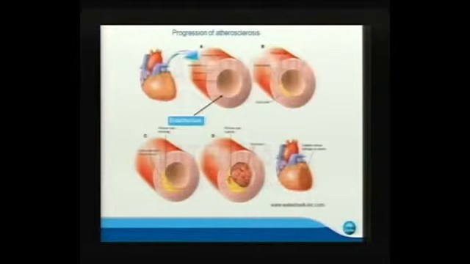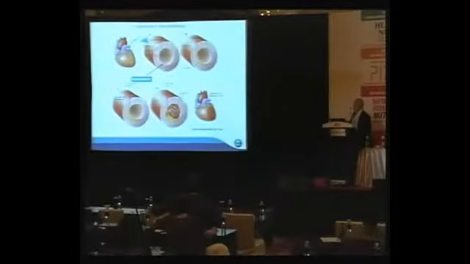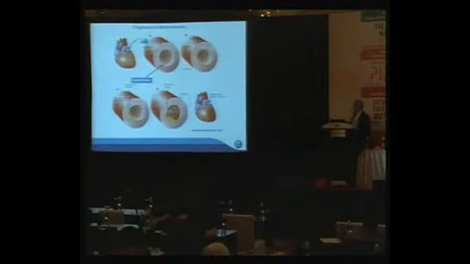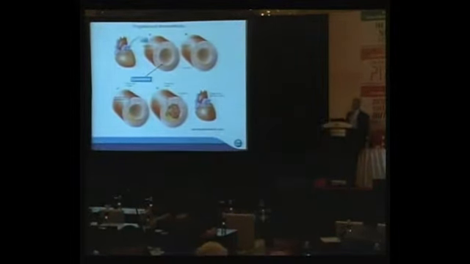The primary damage occurs at the innermost layer. This is only a single cell layer, the endothelium, and then as the disease progresses, foam cells come in, there is plaque formation, and in the end the fibrous cap gets thinner, becomes fractured, and a thrombotic attack occurs. The most common cause of a sudden cardiac attack is these unstable plaques.